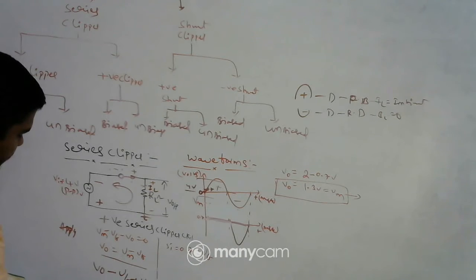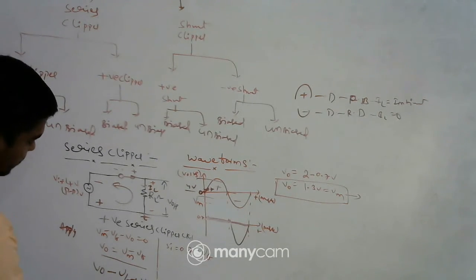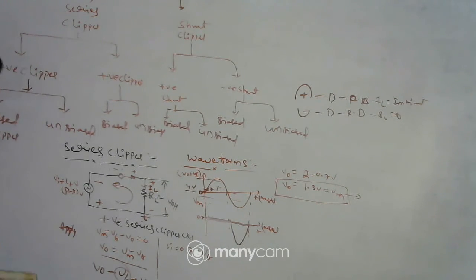From this we can write V naught is equal to minus Vm, if we neglect the cut-in voltage.